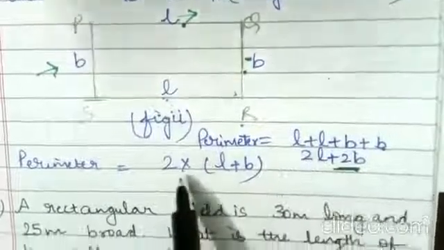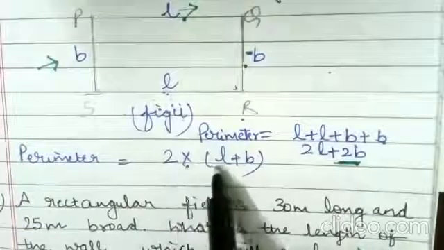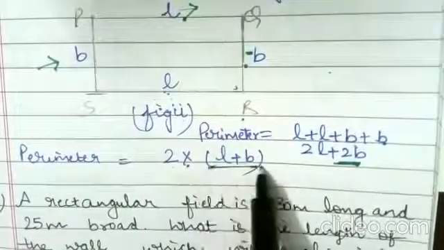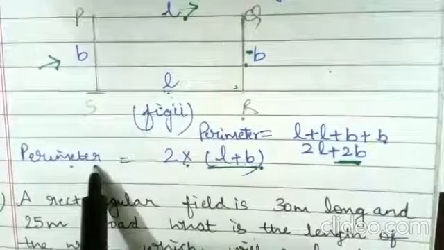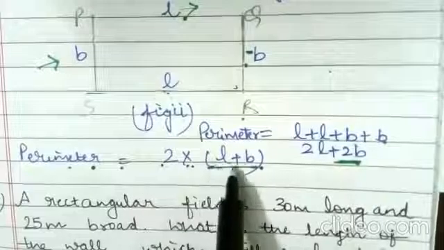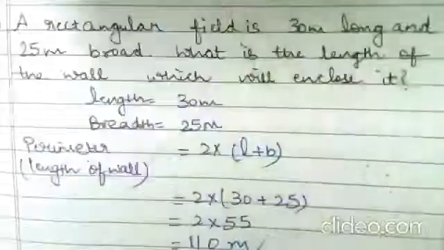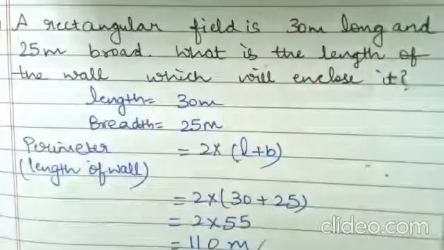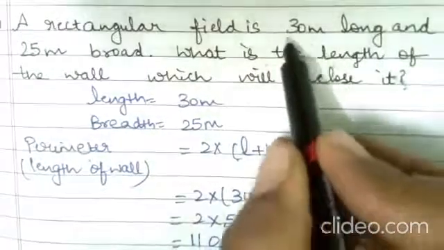On taking 2 as common, we get 2 into L plus B in the bracket. So the perimeter of a rectangle is 2 into length plus breadth. Clear?